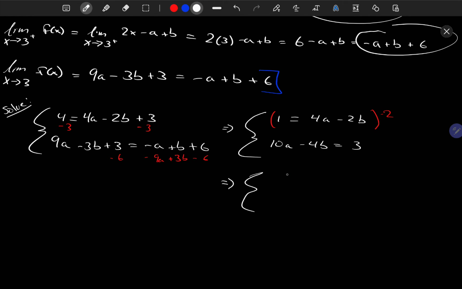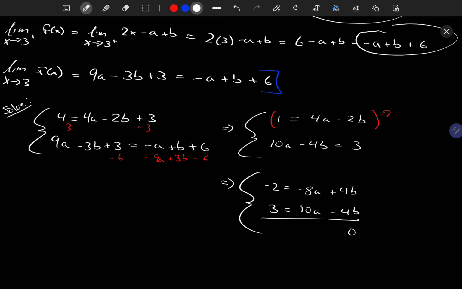And then we would have negative 2 equals negative 8a plus 4b, which equals 3. 10a minus 4b. 4b minus 4b equals 0.